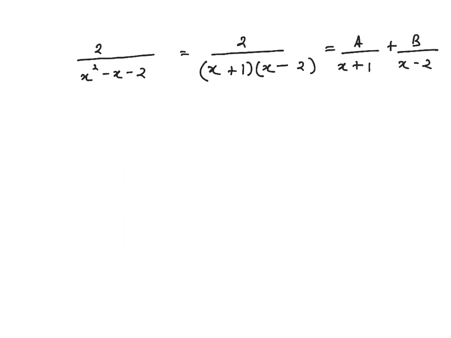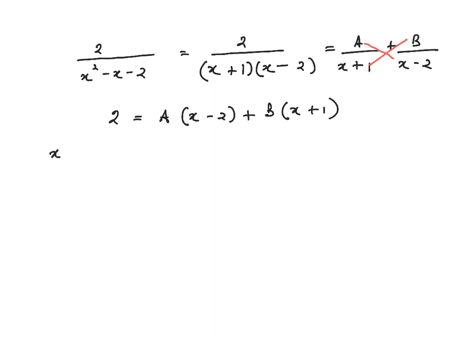Now, I'm just going to write down the numerators. So the numerator that we have on the left hand side is 2. And what will we have on the right hand side? I'll have a lots of x minus 2 plus b lots of x plus 1.